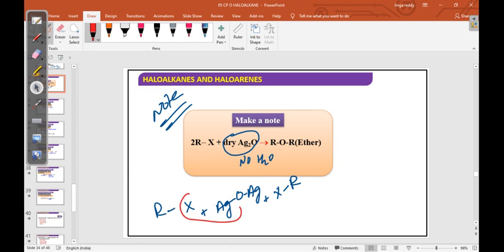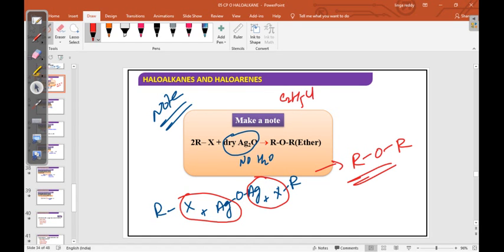Here you remove AgX, here also you remove AgX. Then what you will get? ROR. Suppose you take ethyl chloride in the presence of dry Ag2O, then what is your product? Diethyl ether. Very simple. You have to remove AgX.